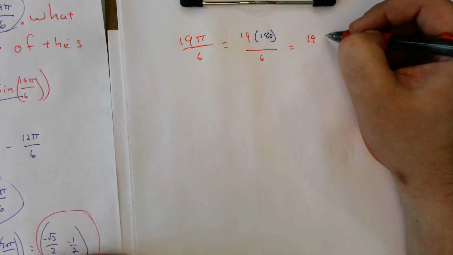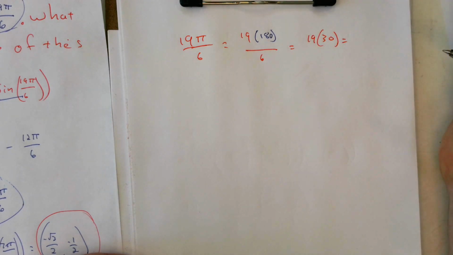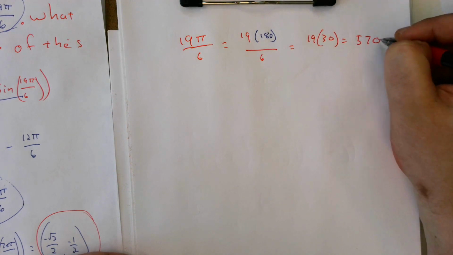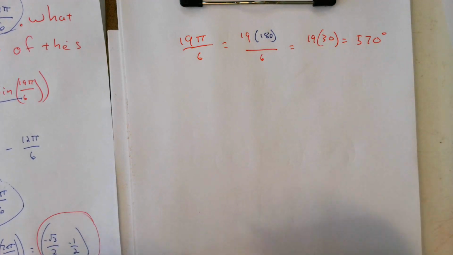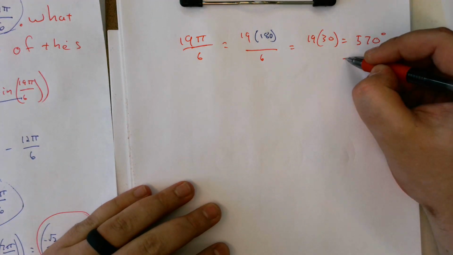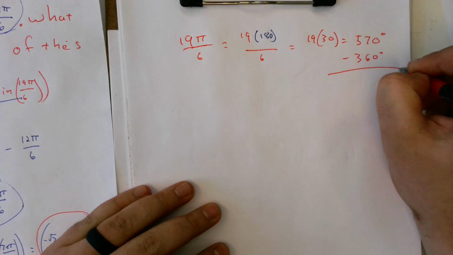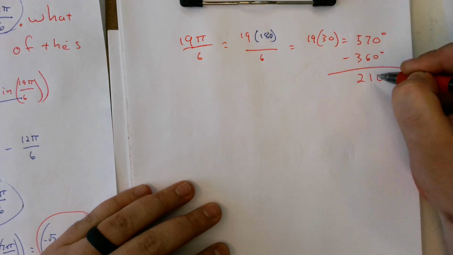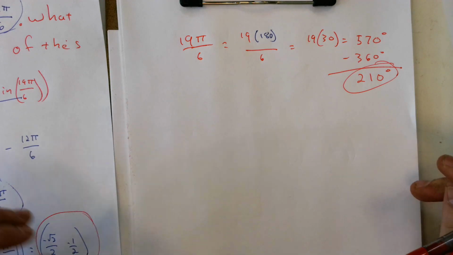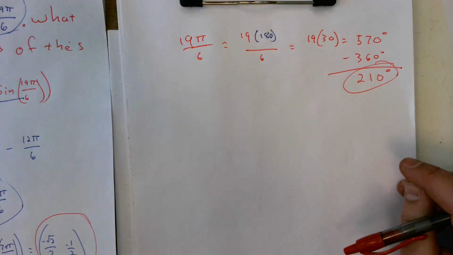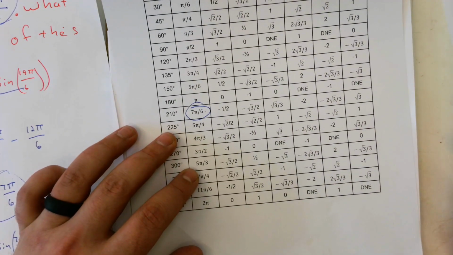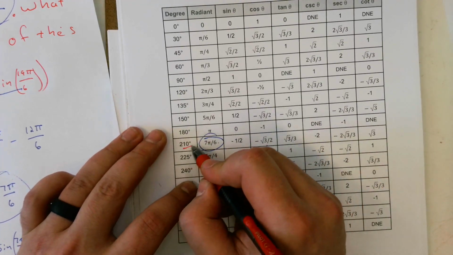So now I've got 19 times 30. And that's 570. Now 570 is a little bit more obvious, right? That would not be on the unit circle. 570 is much too high. I need to subtract 360 in order to make that useful. So 210 degrees. Where do I see 210 degrees on my table of all values? I see that right here.